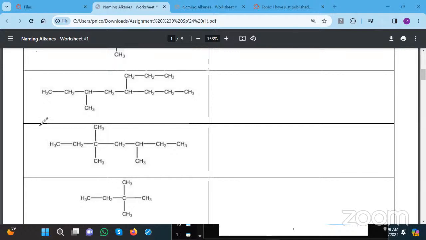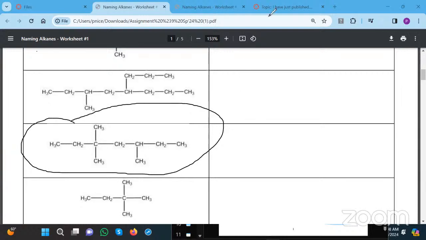This is the one she's asking about. This is the longest chain right here. So the question she's asking is, from which end would you start counting? From the left or the right?